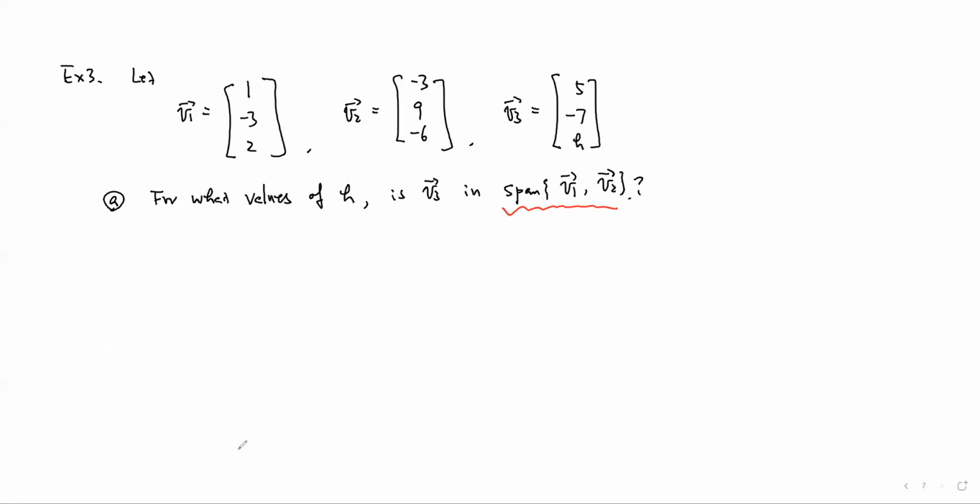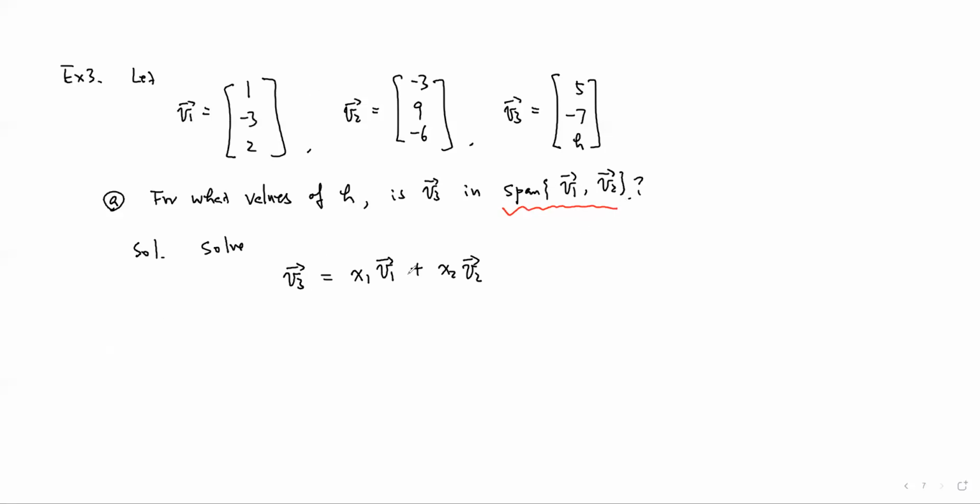To answer this question, we need to solve this equation. V3 is X1, unknown, times V1 plus X2 times V2. If this equation has a solution, then V3 is a linear combination of V1 and V2, and therefore is in the span of these 2 vectors.